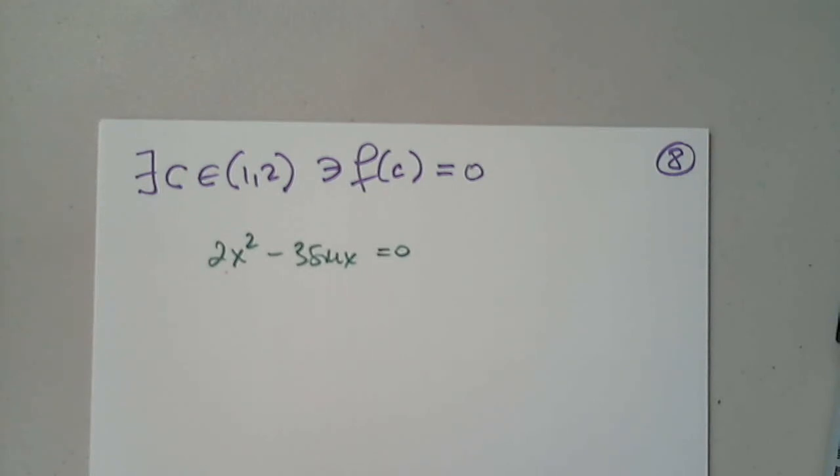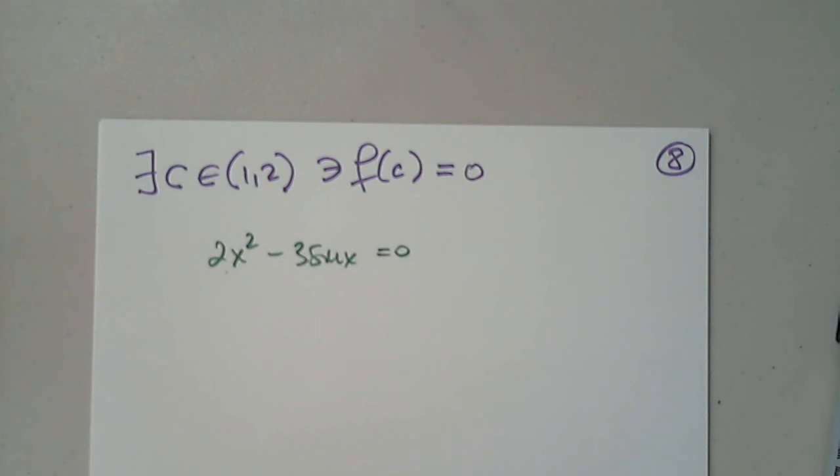What do we need to do first? What do you think? What will be the first step? Determine if it's continuous. Yes, but we have to find an interval, right?